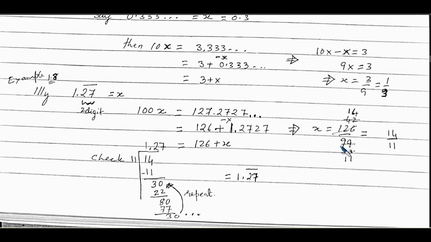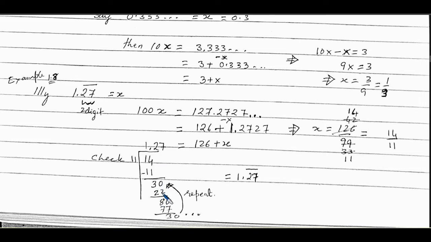So this is my 14, this is my dividend, and this is the divisor, I put it here. 11 goes into 14 one time, so 11 ones are 11, I subtract this, 14 minus 11 is 3. Now I add 0, so now you have to put a decimal place, so this becomes 30. 11 goes into 30 two times, so 11 twos are 22, then I subtract here.